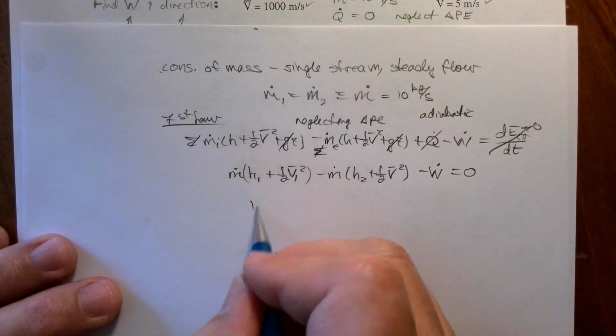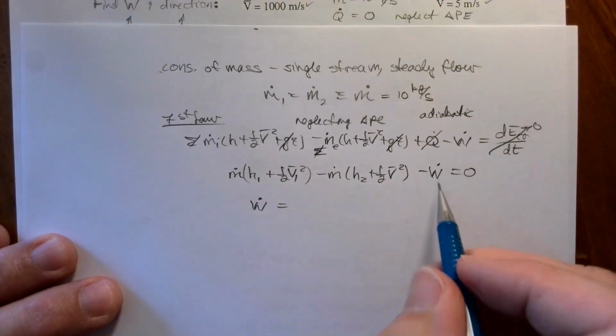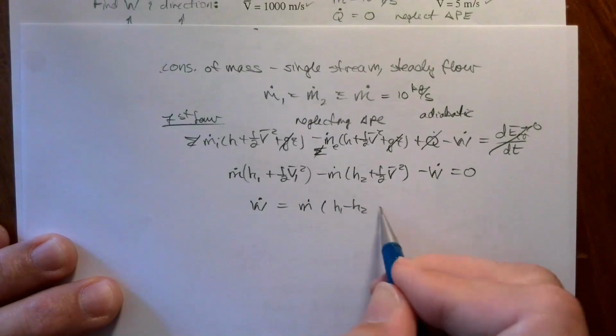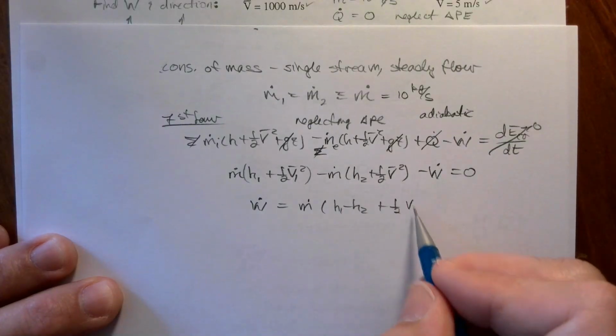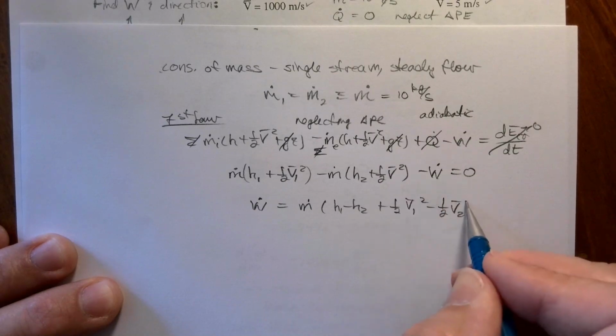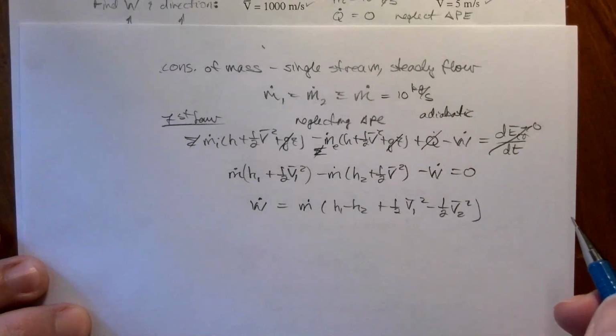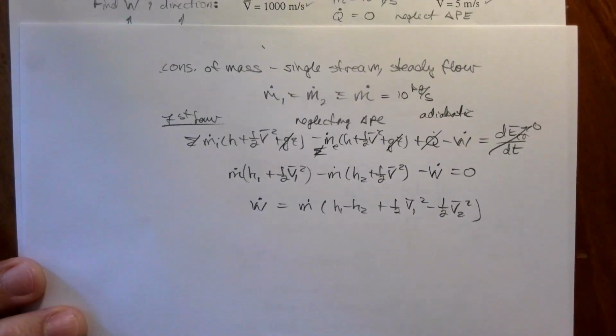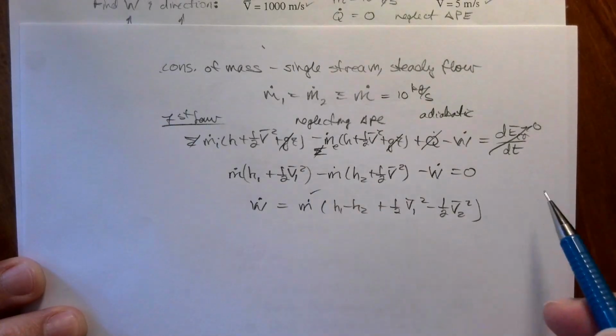We're looking for the power, right? So W dot is equal to m dot times h1 minus h2 plus 1/2 the velocity at 1 squared minus 1/2 the velocity at 2 squared. Remember the units conversion between these is necessary. 1 minus 2 and 1 minus 2. I factored out the m dot for this, which we have.